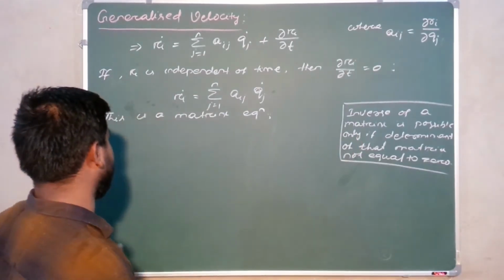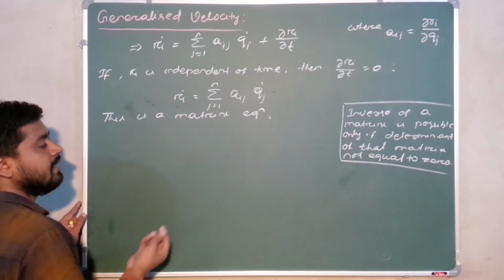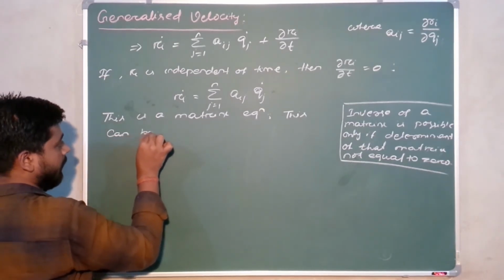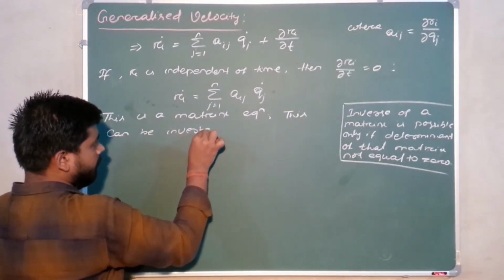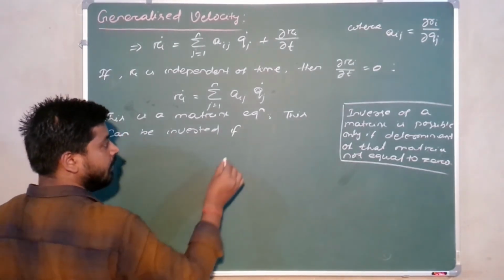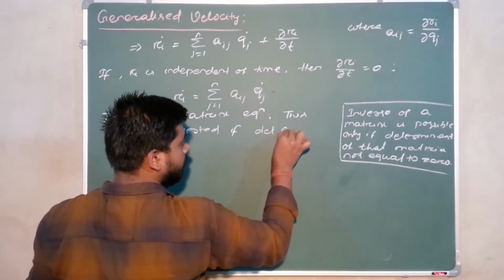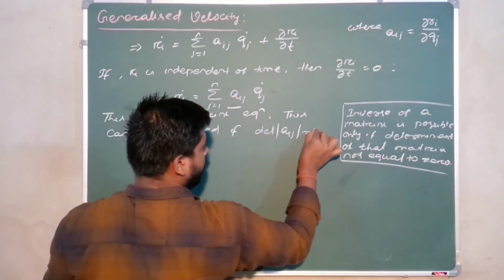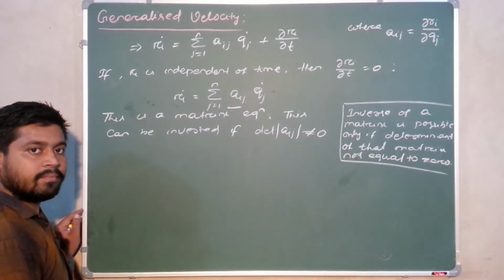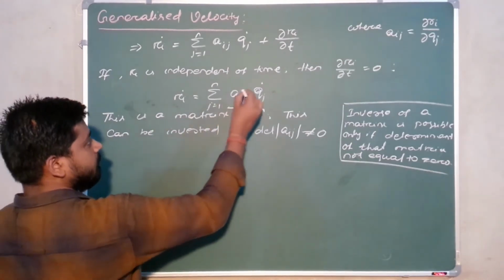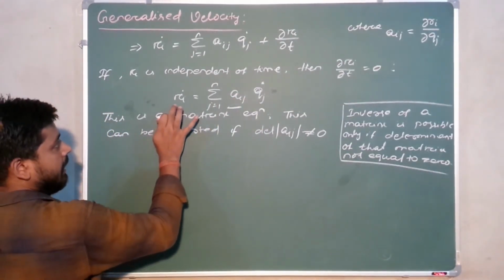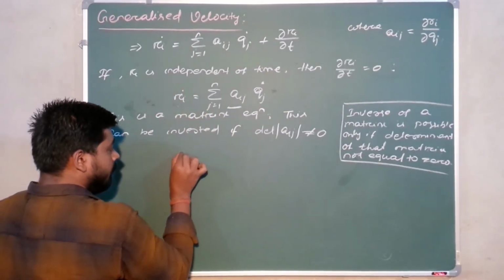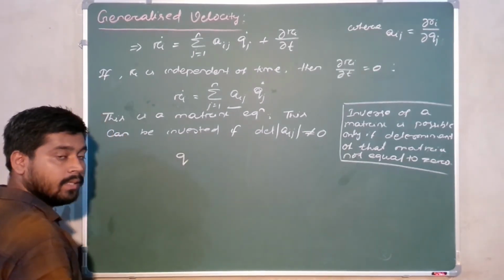So this matrix equation can be inverted if the determinant of aij is not equal to 0. Then take Ri dot from here to the other side and Qj dot to this side; the subscript of Q changes from j to i.